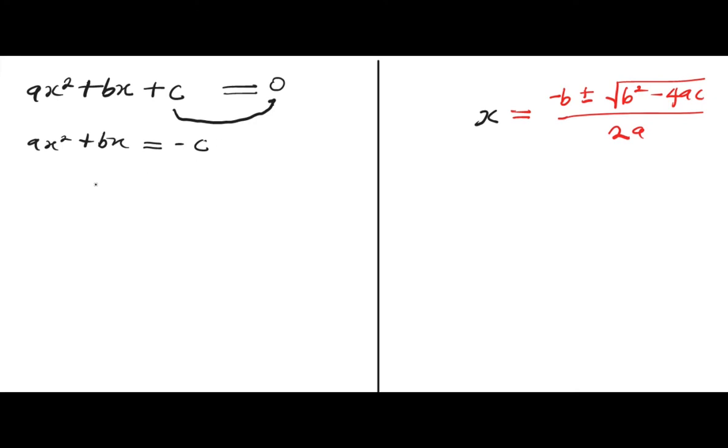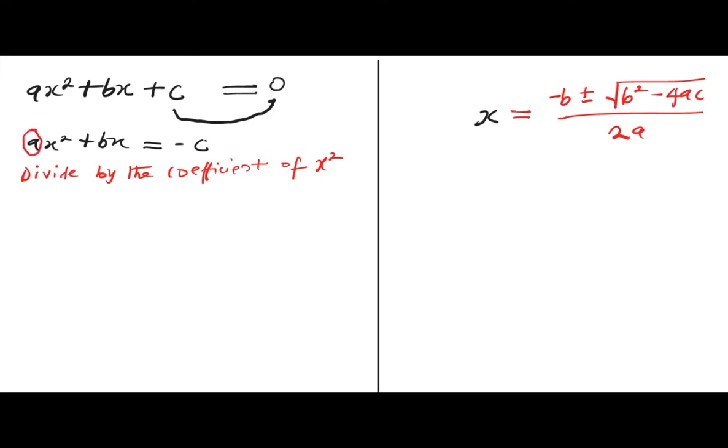Now let's take the second step. Here we divide by the coefficient of x squared. Each term of this equation, we are going to divide by the coefficient of x squared, and the coefficient of x squared here is a. So we are going to divide each term by a.